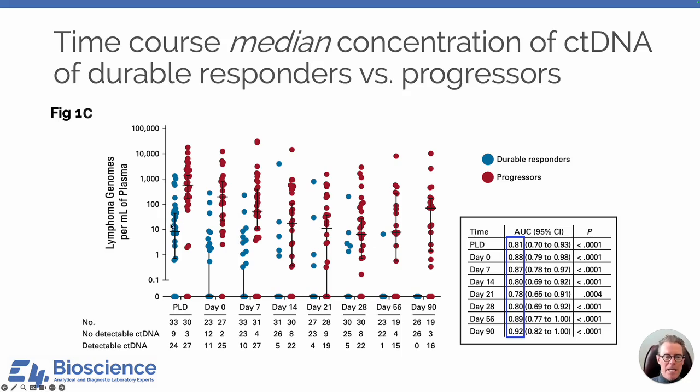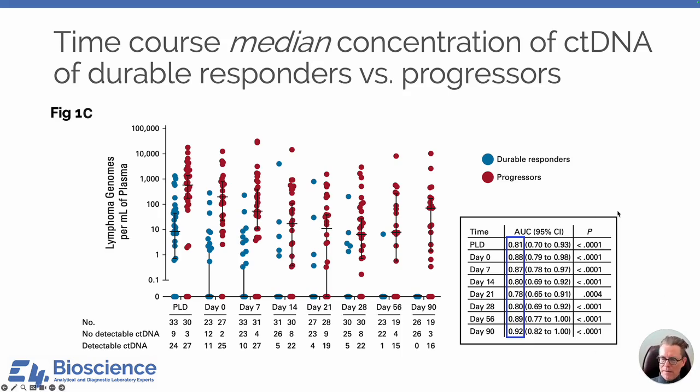Even with just eyeballing, you can see that the durable responders have a lower number of genomes per mil than do the progressors pre-lymphodepletion. But the area under the curve really mathematically calculates these. And in a clinical setting, generally speaking, anytime you have an AUC at 80 or above, it's considered clinically significant.